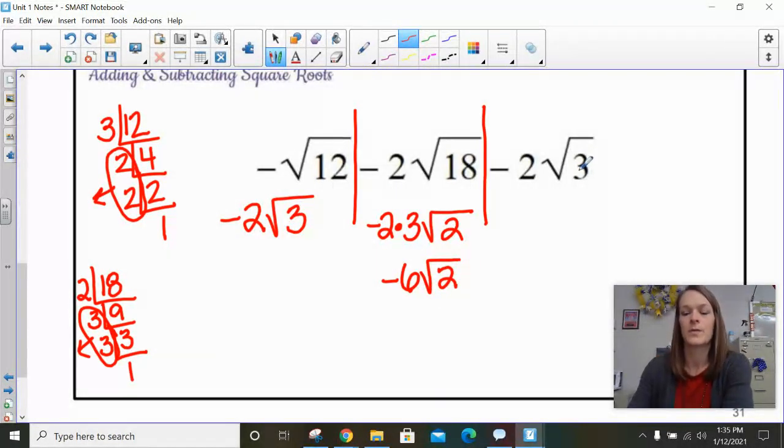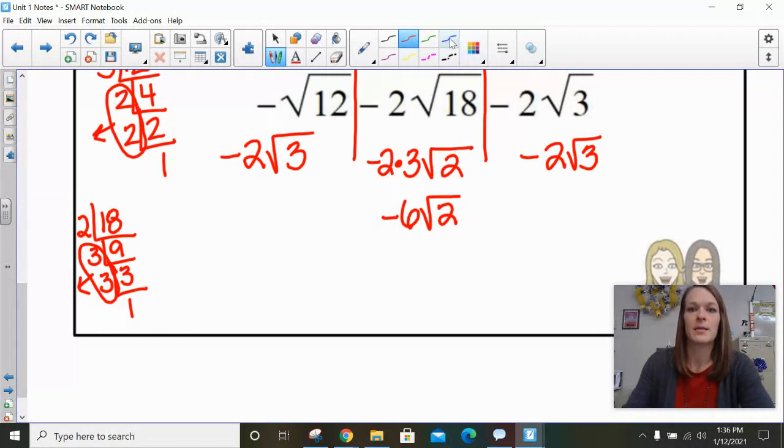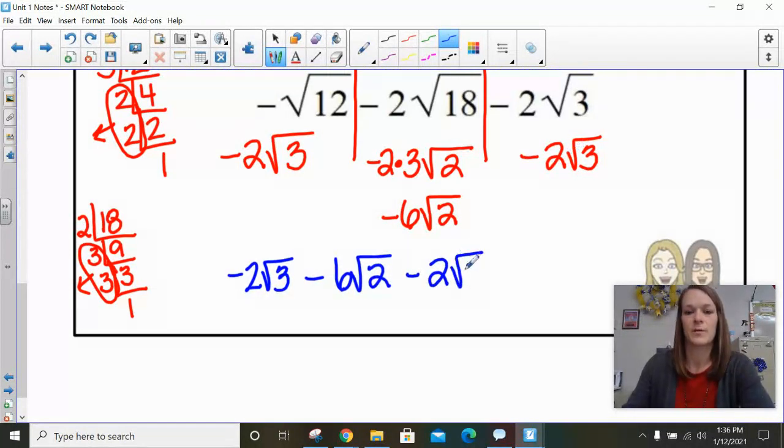Square root 3 will not simplify, so this part just stays negative 2 square root 3. I'm going to rewrite it all together. So negative 2 square root 3 minus 6 square root 2 and then minus 2 square root 3.